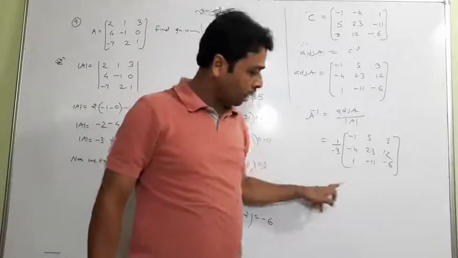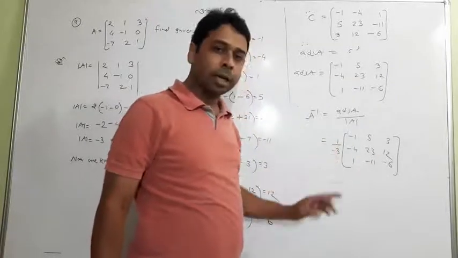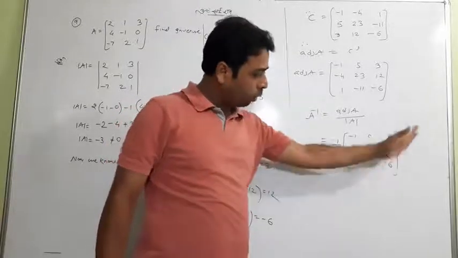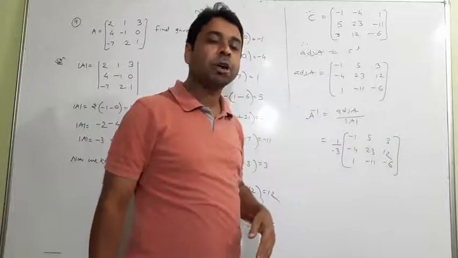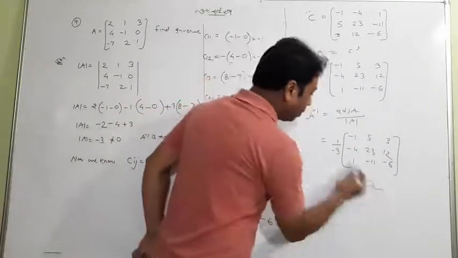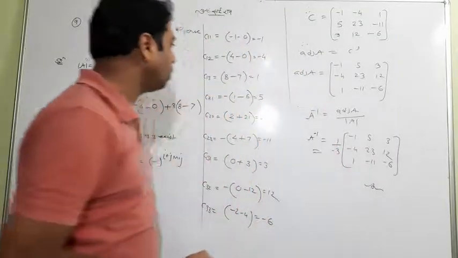It is not good to write in the denominator of the whole matrix, so just beside it you can write like that. Now you can either keep minus 3 as the denominator of the whole matrix, or you can drop it like that. In this way also it is acceptable. This is the answer, this is A inverse. So I hope, students, you have got this method.